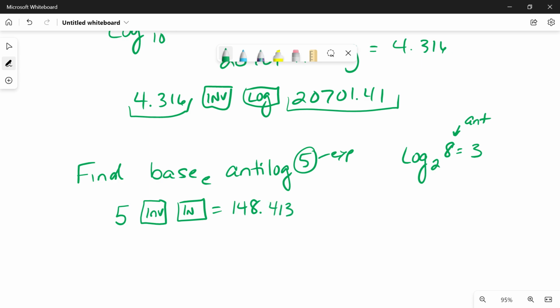Which is going to tell you that log base e of 148.413 equals 5. I was trying to find this antilog, that number right there.